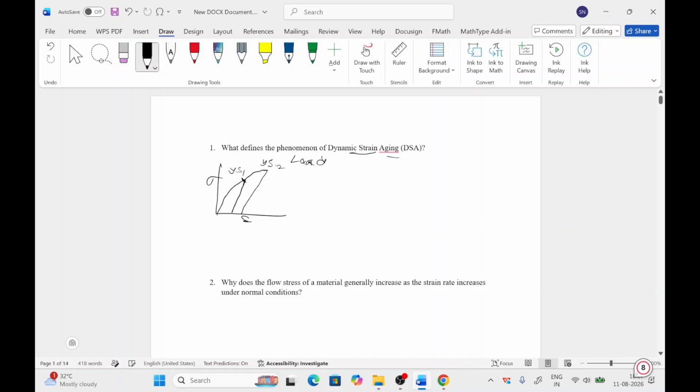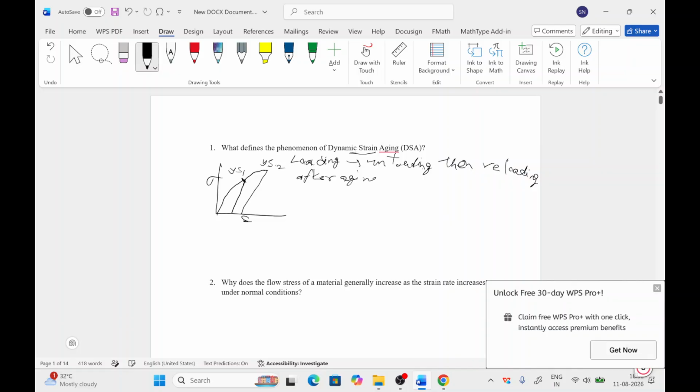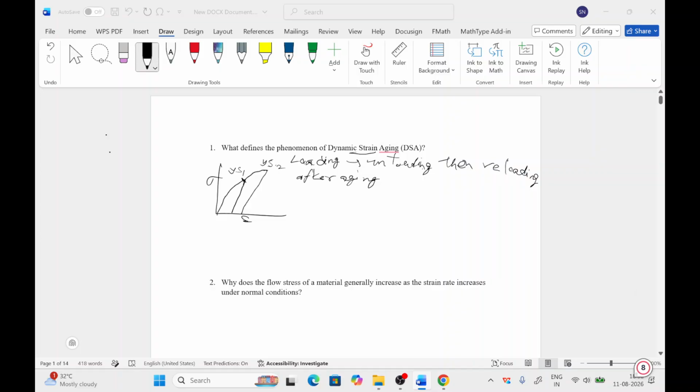It can be written as: loading the sample, then unloading it, then reloading after aging increases the yield strength, and also high stress is required during deformation.